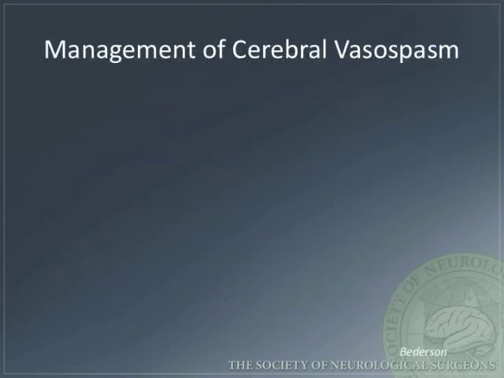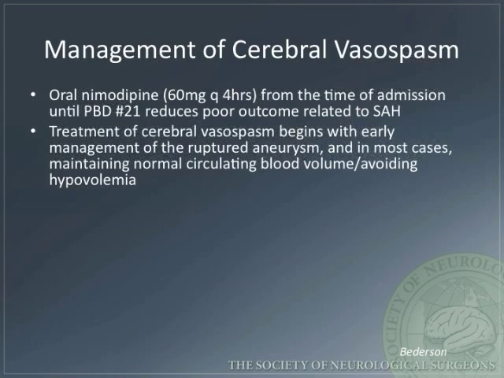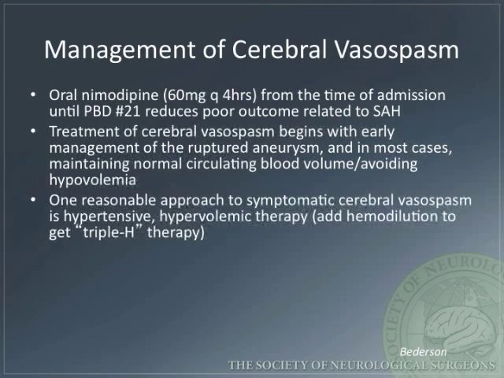The management of vasospasm includes oral nimodipine, early definitive treatment of the ruptured aneurysm, and in most cases, maintaining normal circulating blood volume to avoid hypovolemia. One approach to symptomatic vasospasm is hypertensive, hypervolemic, and hemodilutional therapy, or HHH therapy.